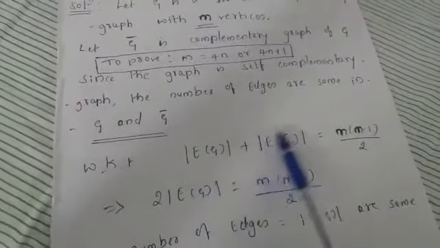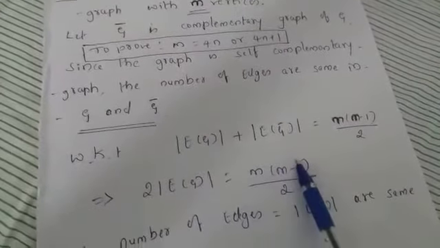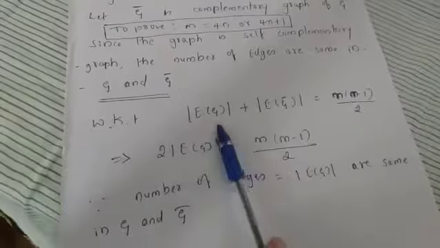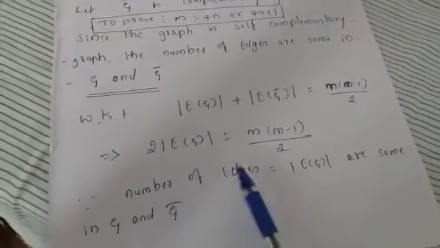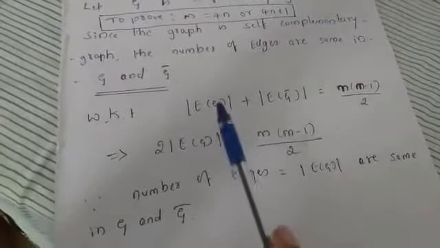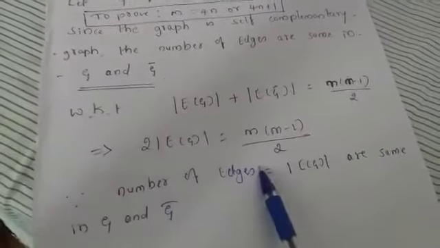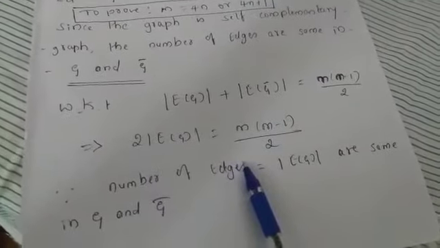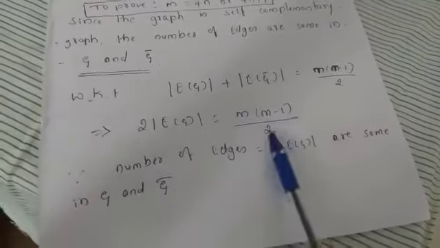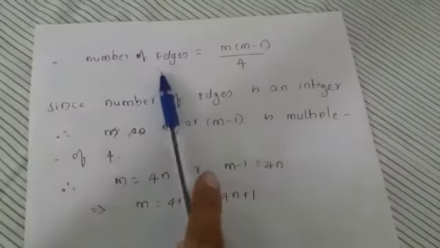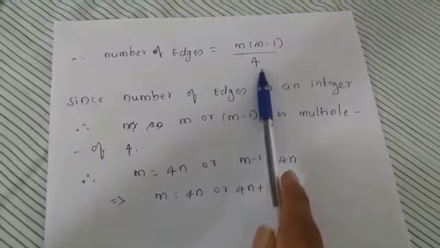So the sum is 2 times the cardinality of E of G, equal to m into m minus 1. This cardinality stands for the number of edges. Therefore the number of edges E of G is equal to m into m minus 1 divided by 4.